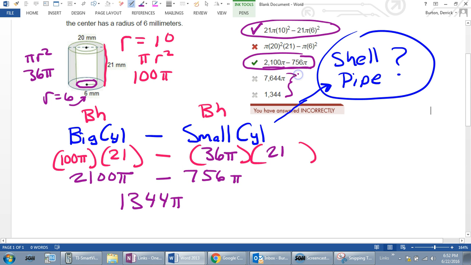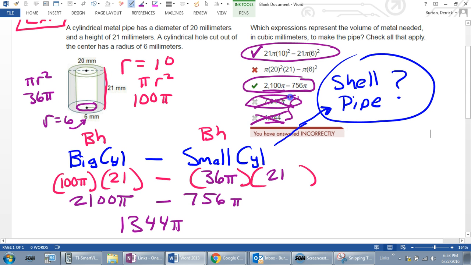Well, that's not what they have here. So that's why this one is wrong. And here I see the 1,344, but there's no pi. So that's why that one's wrong. Okay, so there are two correct answers, and these are the ones.